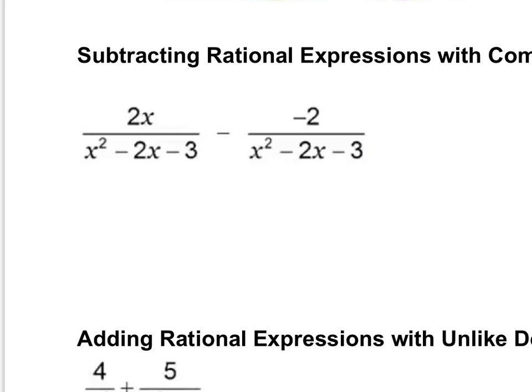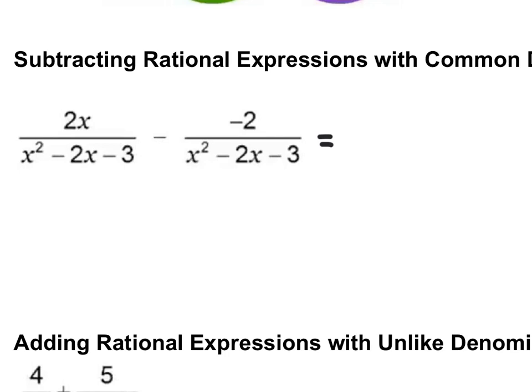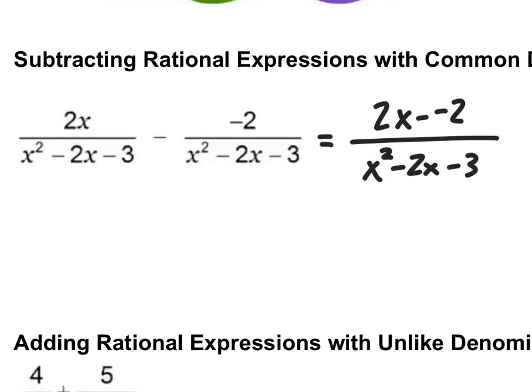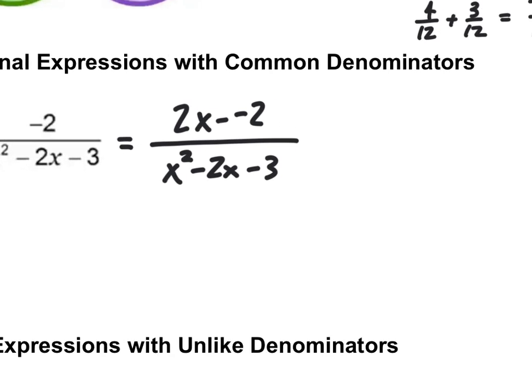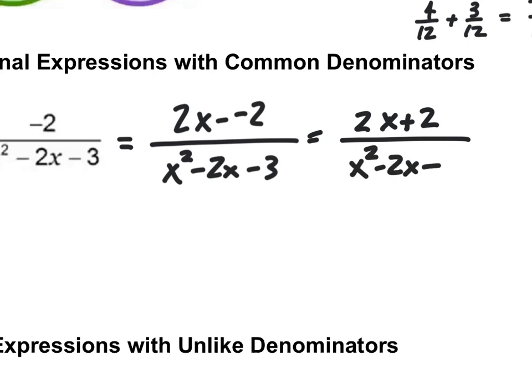So what I would do is say, this is just going to give me 2x minus 2, minus negative 2, all over my common denominator, which is x squared minus 2x minus 3. And then what I end up getting here is 2x plus 2 all over x squared minus 2x minus 3.